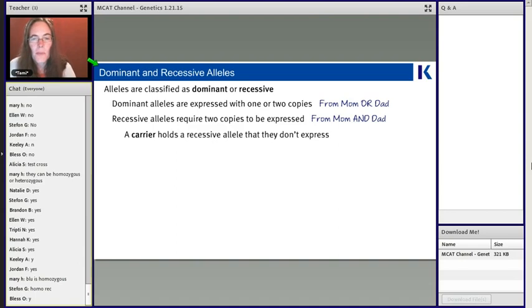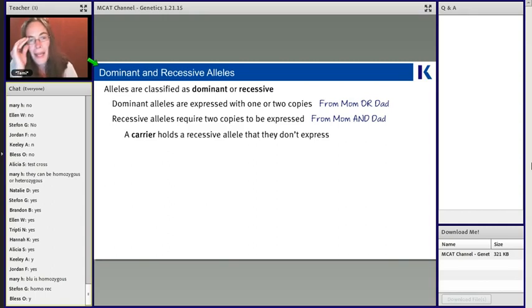Now, this is an important thing. Star this, circle this, write this down in the brightest color you can find because it's very important for the MCAT. A person who is a carrier cannot express the phenotype. For instance, I have blue eyes.